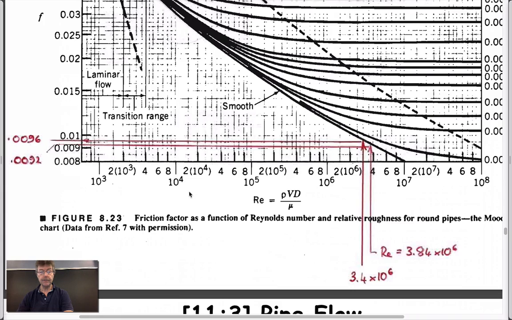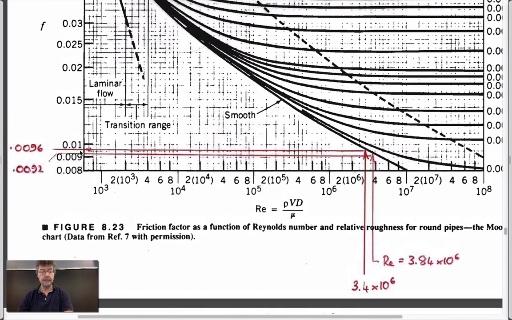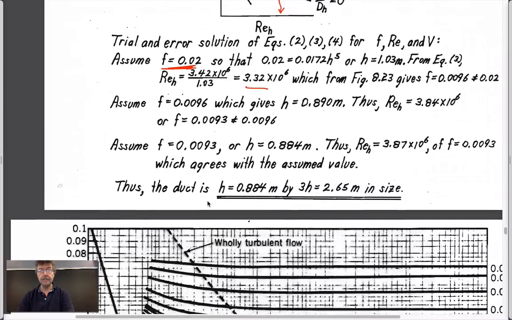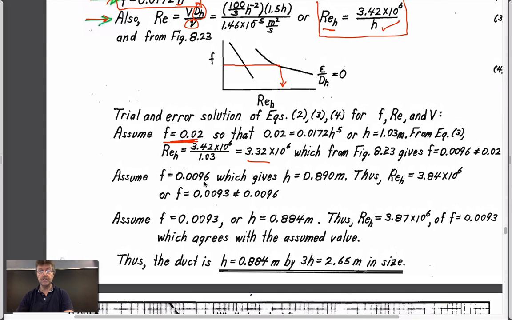So 3.3, that's this number here, I guess, right? And that's not right. So it doesn't give us the right Reynolds number. So based on that, we choose a different friction factor.